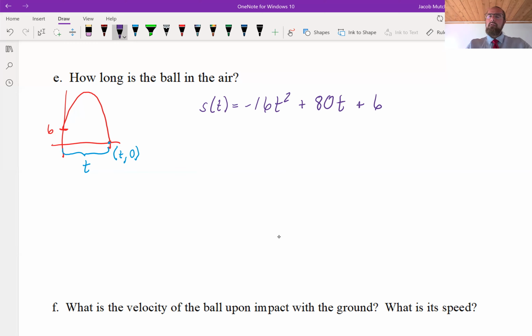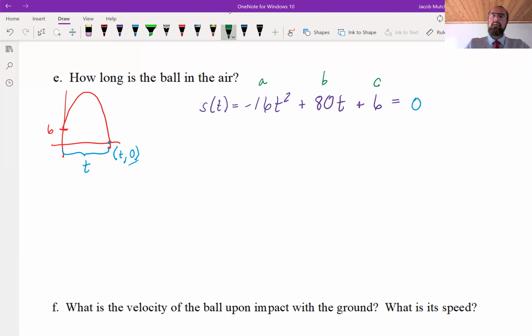So what's the position when the ball hits the ground? Well, that has to be that y value of 0. So really what I'm doing for part E is an algebra 1, algebra 2 question, solving a quadratic. Many different ways to solve a quadratic. Since we've got it in standard form, let's set it up for the quadratic formula.